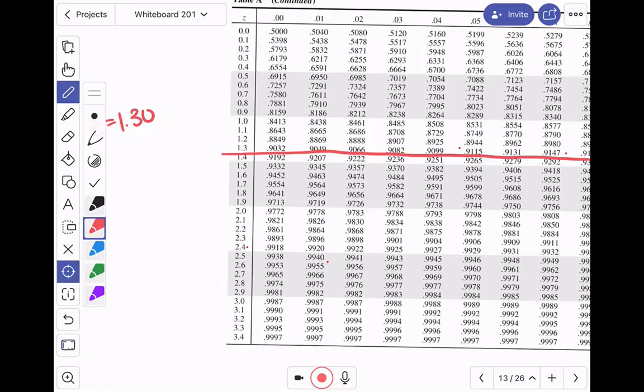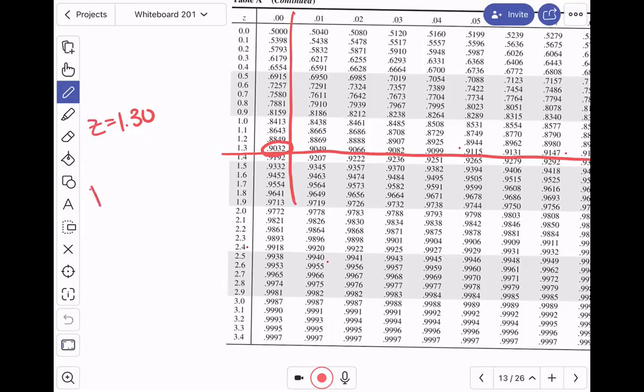And then this time my hundredths digit is 0, so I'll look at this up here. And I can see that this is equal to 0.9032. So the probability that z is less than 1.30 is 0.9032.